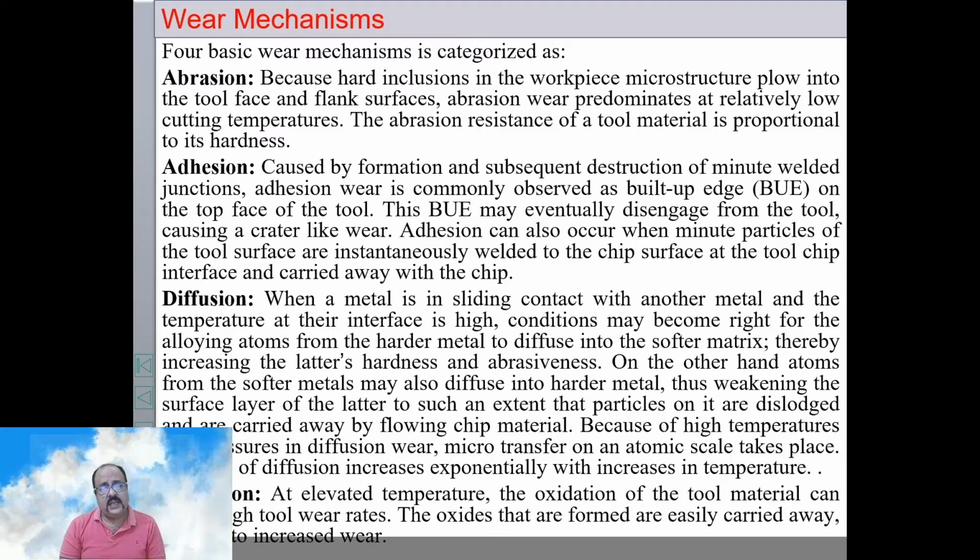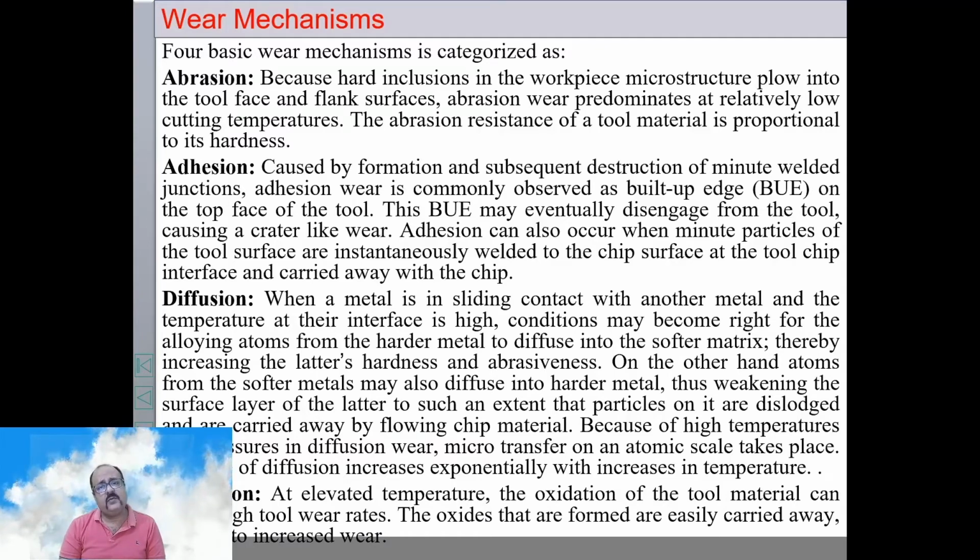And lastly, at very elevated temperature, normally at a very high speed, the material reacts with oxygen to form metal oxides. The metal oxides are highly brittle and can erode very easily. Such a wear mechanism is called oxidation.